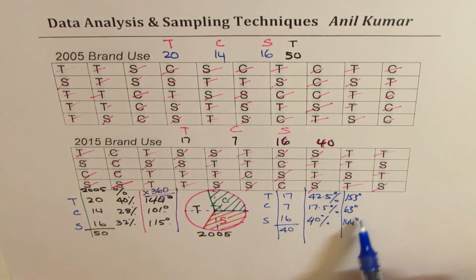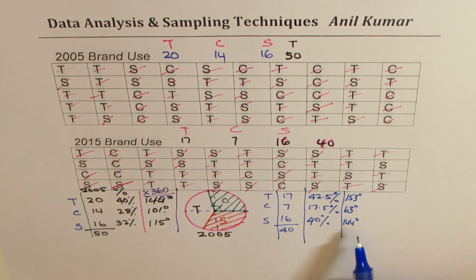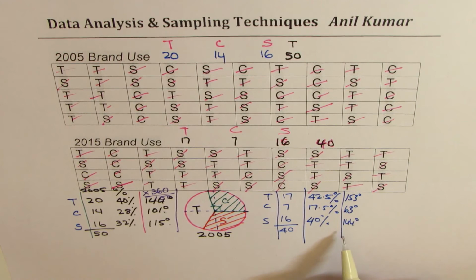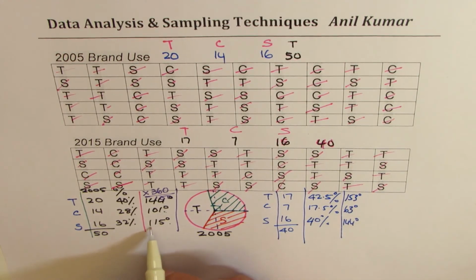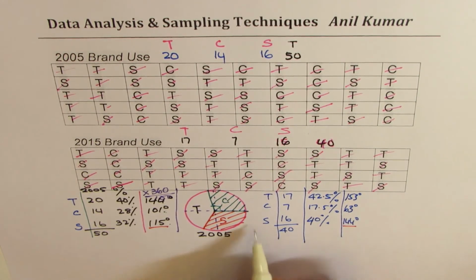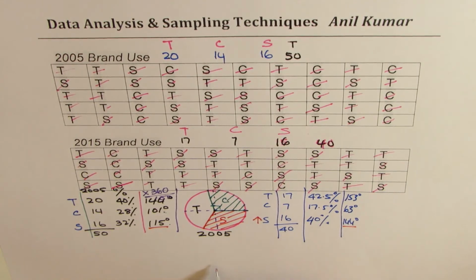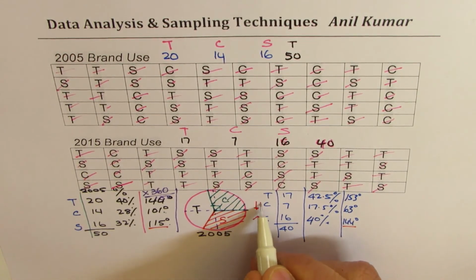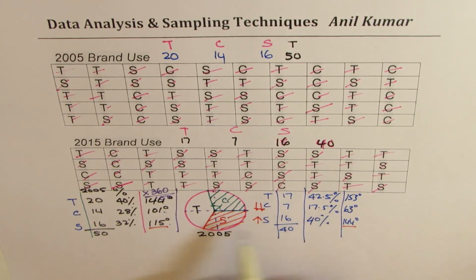What you clearly observe here is that there is a drastic increase in S, because it goes from 115 to 144, so this is going up. As far as the C brand is concerned, there is a huge drop. It drops from, let's say, 100 degrees or 28% to 17.5%.